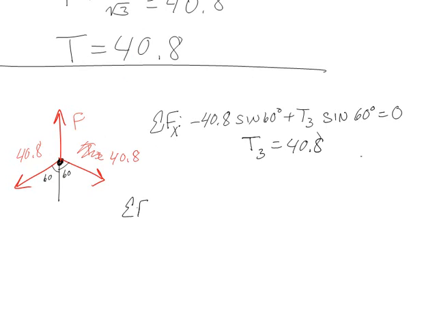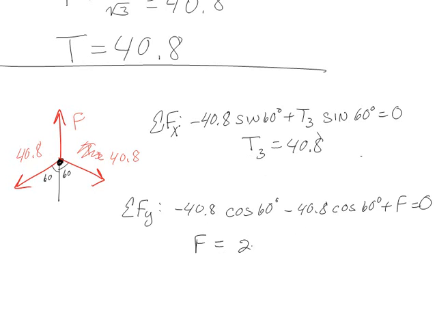So now I can sum the forces in the y, and I've got 40.8 cosine 60, minus another 40.8 cosine of 60, plus the force going up, equals 0. So the force is going to be equal to twice 40.8 times the cosine of 60, which is 1/2.